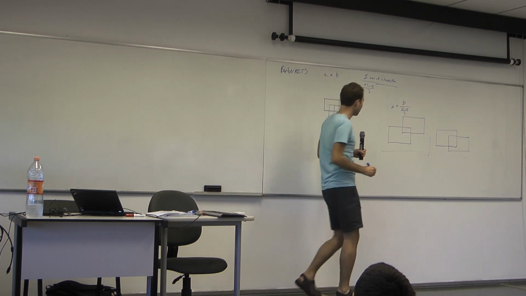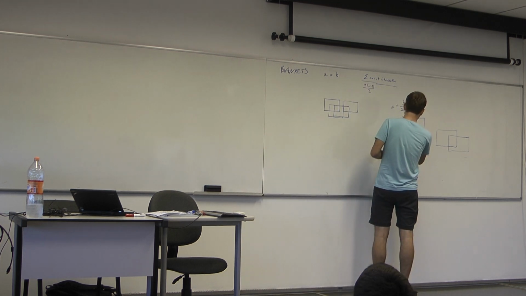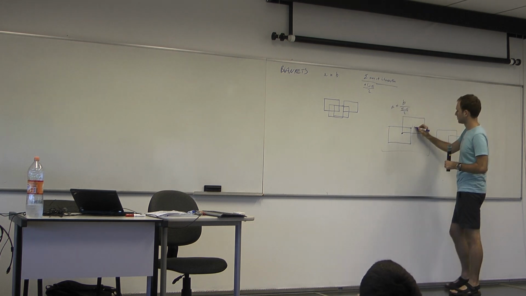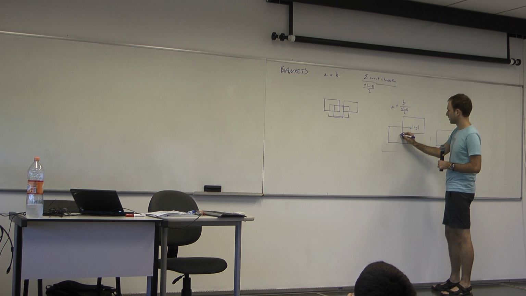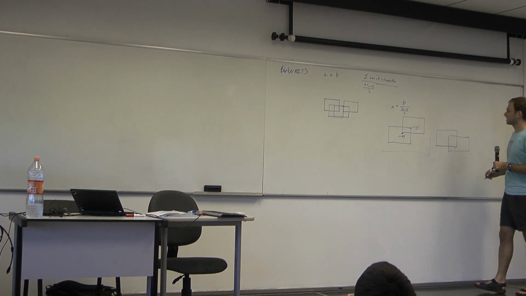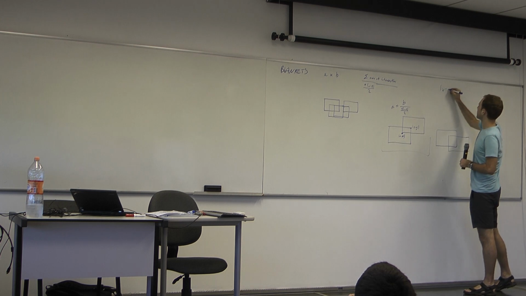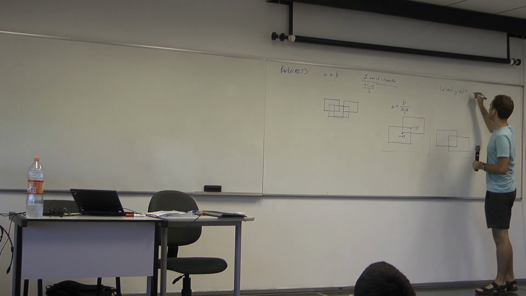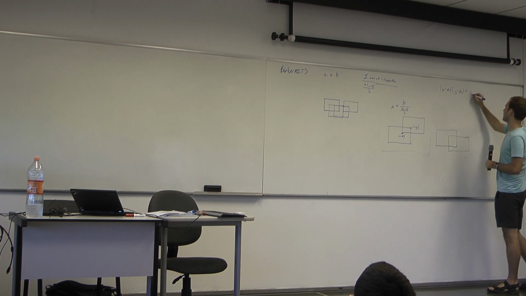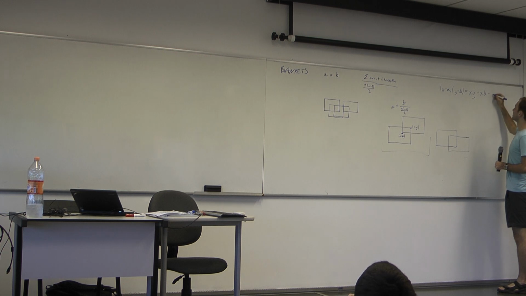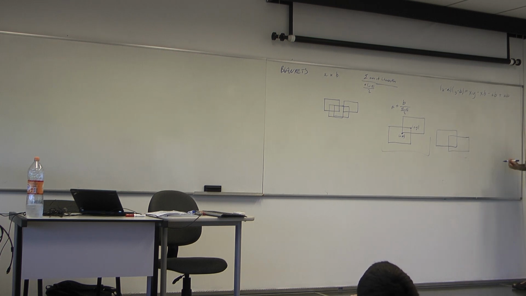So what happens here? This point has some coordinates x, y. And this point has some coordinates a, b. And the area of the intersection is, well, it's (x minus a) times (y minus b), which, not surprisingly, is x times y minus x times b minus a times y plus a times b.